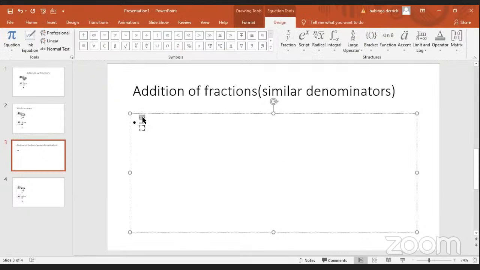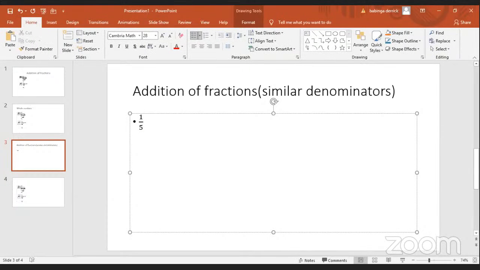If you have 1 out of 5, that is a fifth, plus, because it's addition, plus 2 out of 5. This is when you're dealing with similar denominators. You find that the numerators may be different or the same, but they will always have the same bottom numbers.